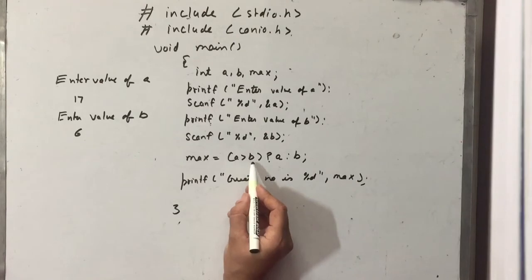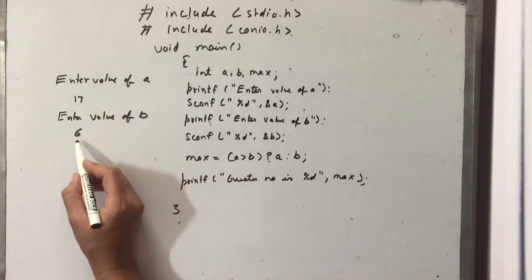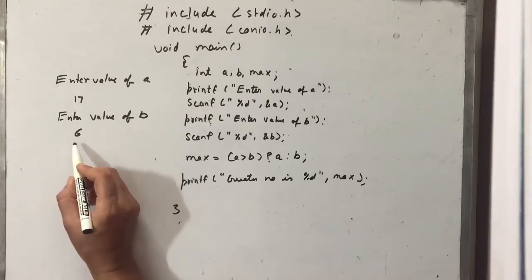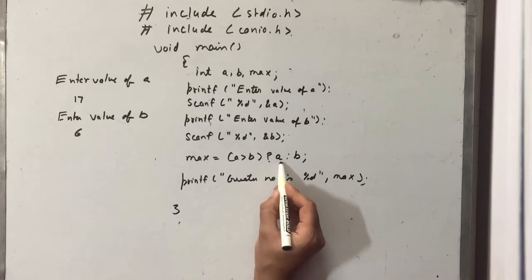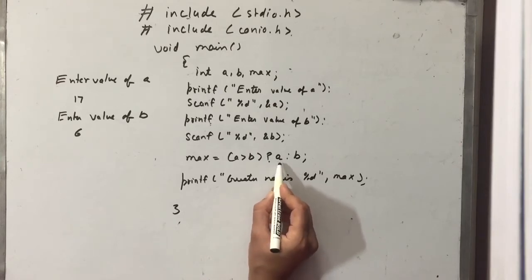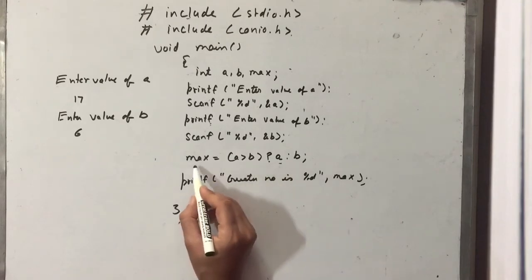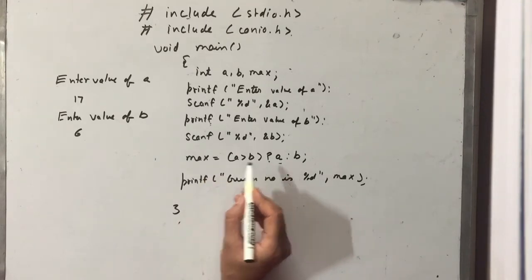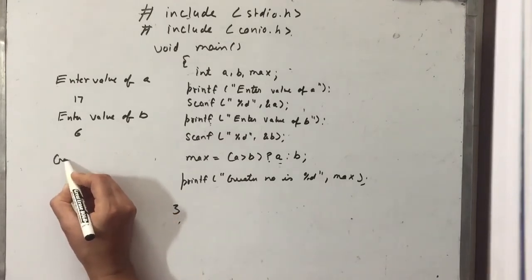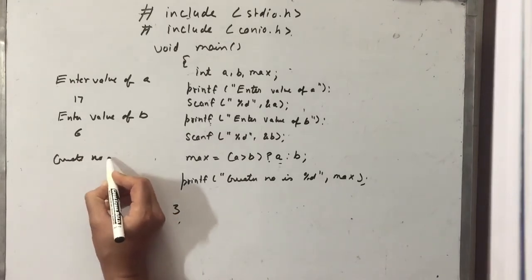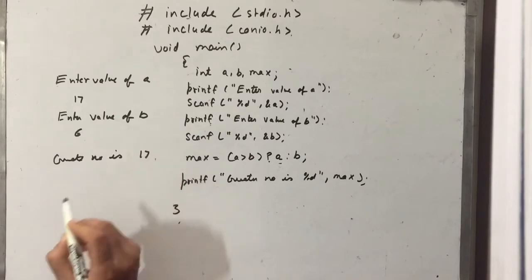So is a greater than b? Yes, because a is 17 and b is 6, which we are giving as input from the keyboard. So this statement will be executed, which means the value of a will be stored in the max variable. So a will be stored in max. So the output will be: greater number is 17.